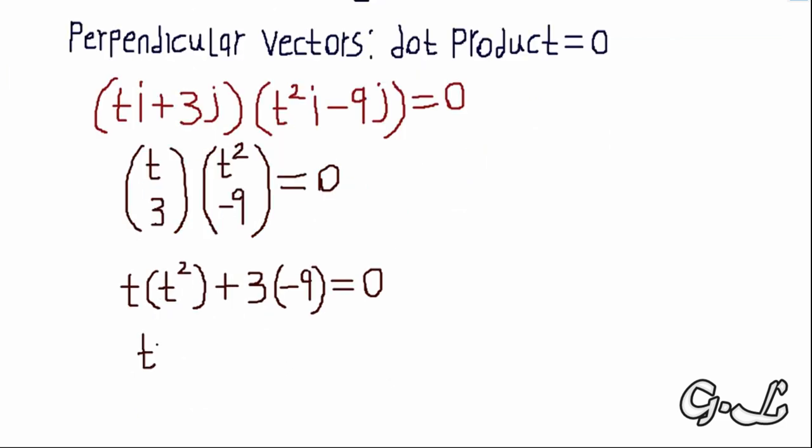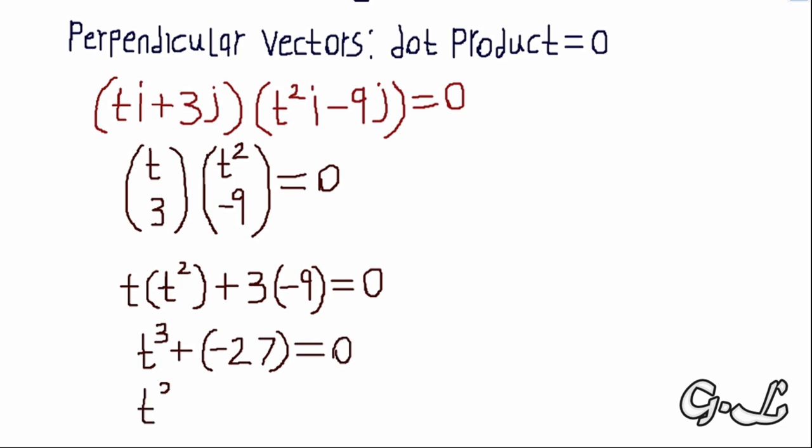The next thing that we're going to consider is the simplification. So t times t squared will give you the value of t cubed, so we're going to say t cubed plus, again we're going to work out those individually. So when we say 3 times negative 9, it will give you the value of negative 27, and that is equal to 0.